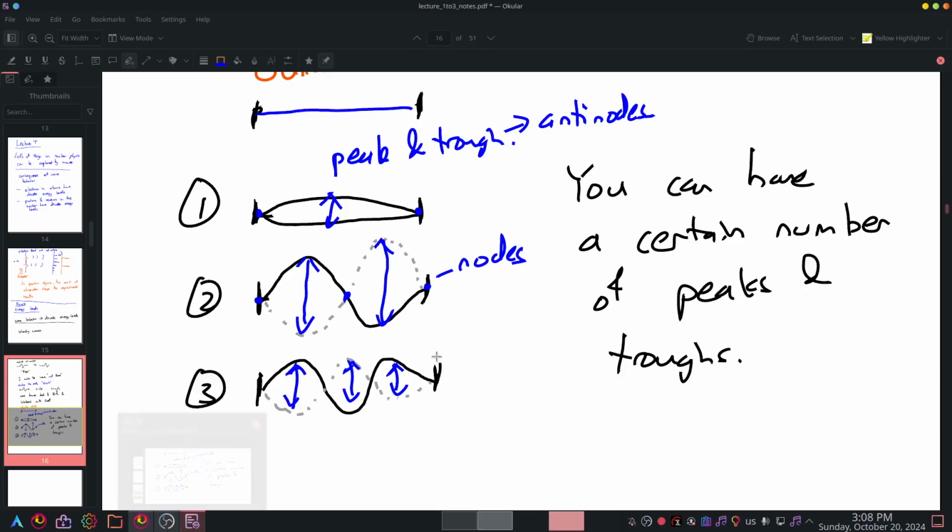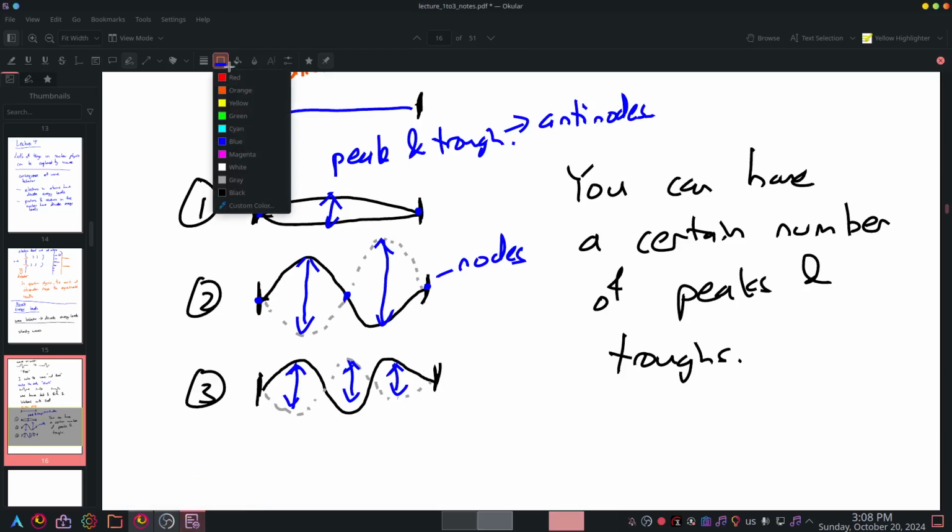So what do all these have to do with energy levels? Let's say wave number 1. You can see that it has a certain amount of energy for the waves to travel back and forth. But the more intense the vibration, maybe the more ways you can store energy.